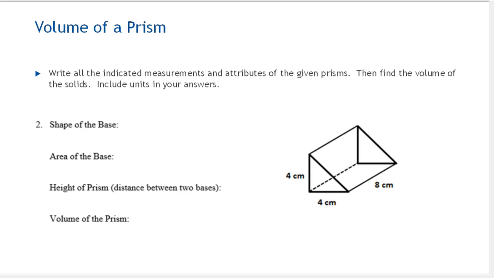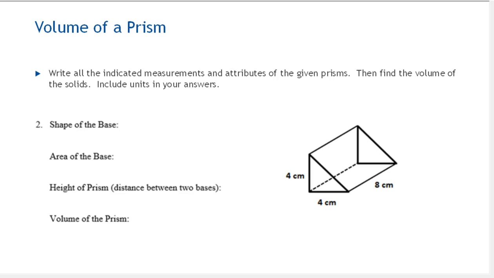Okay. Write all the indicated measurements and attributes of the given prisms, then find the volume of the solids. Include units in your answers. Remember, an important part of finding the volume of the prism is we need to find the bases, and there's two bases and they're parallel and the same shape. You could think here's a side and here's a side, but they are not parallel.